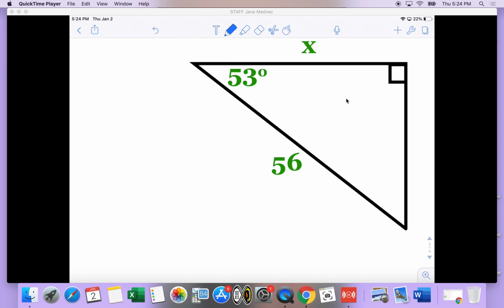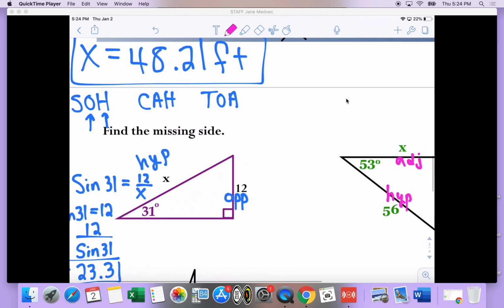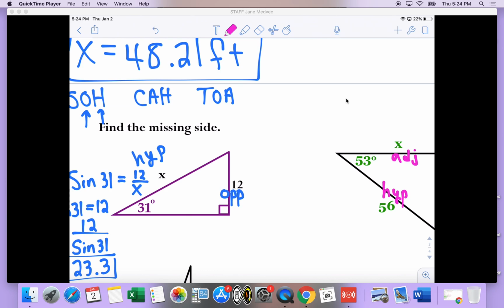With this triangle, I've got 53 degrees. I need to look at my relationships. I know that 56 is my hypotenuse, and my x is right next to that 53 degrees, so that's adjacent. If I go back up to my trig identities, which one has adjacent and hypotenuse? You're right, cosine.